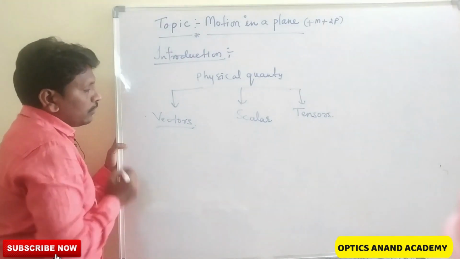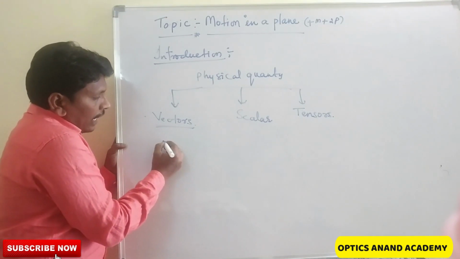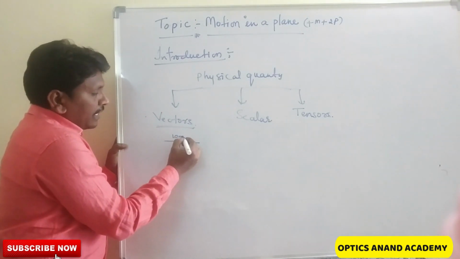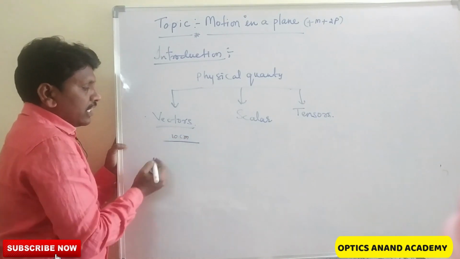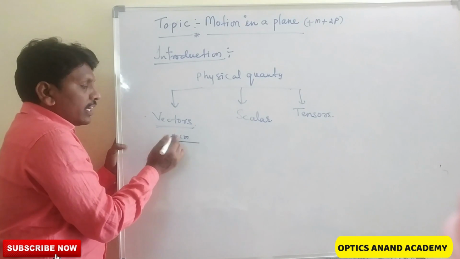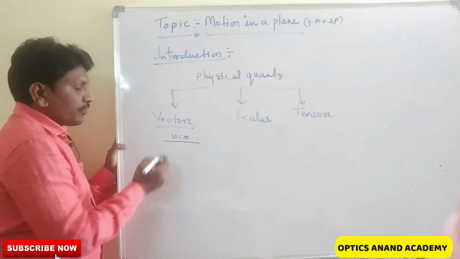For example, this is some 10 centimeter. Here 10 is the magnitude, and centimeter is the measurement or unit.